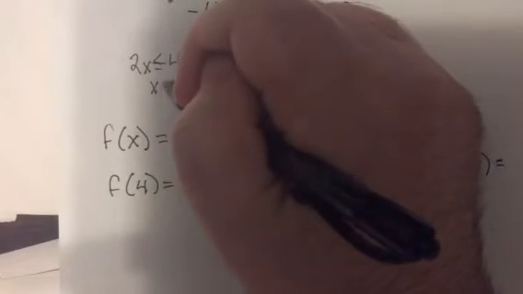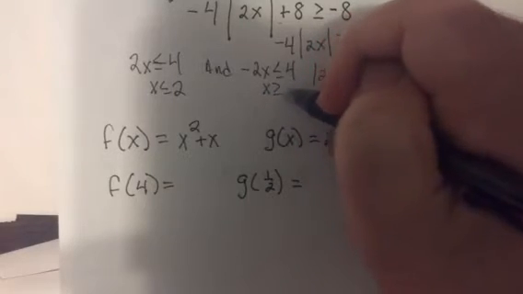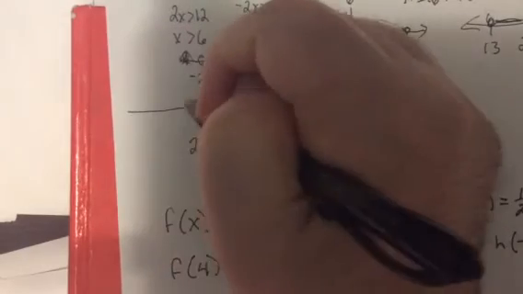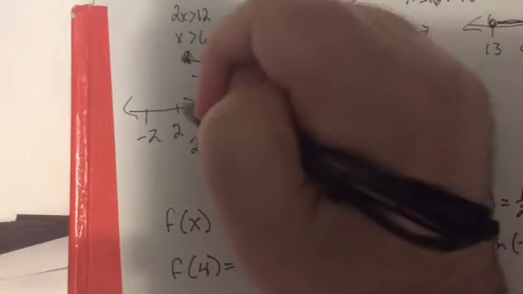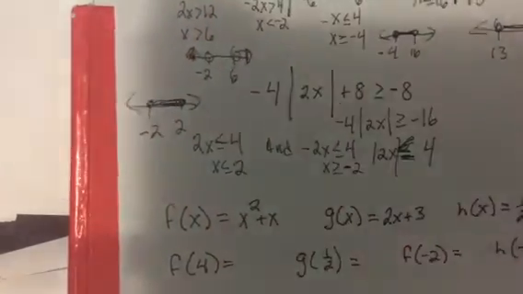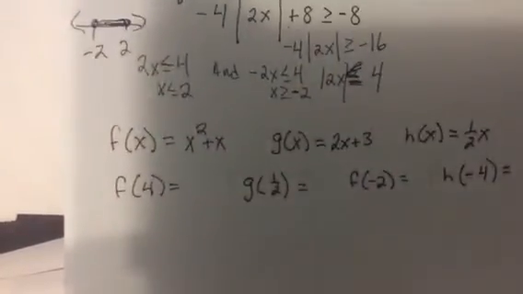So x is less than or equal to 2. Here, x is greater than or equal to -2. Sorry, I'm getting sloppy here, running out of room. So it's less than or equal to, so it's everything in between. But again, you would have got this wrong because you'd have thought it was an or, but it's not.